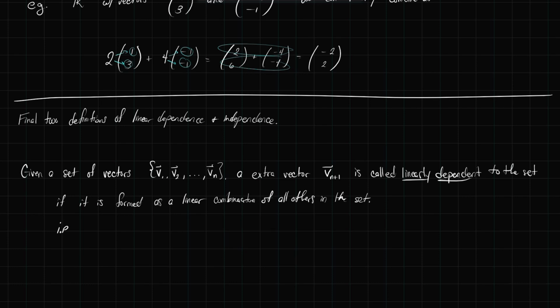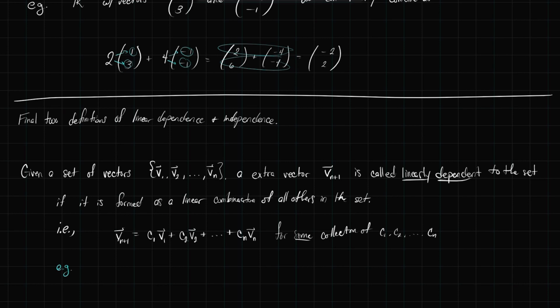That is, if vn plus 1 equals c1 v1 plus c2 v2 plus ... plus cn vn for some collection of c1, c2, ..., cn.